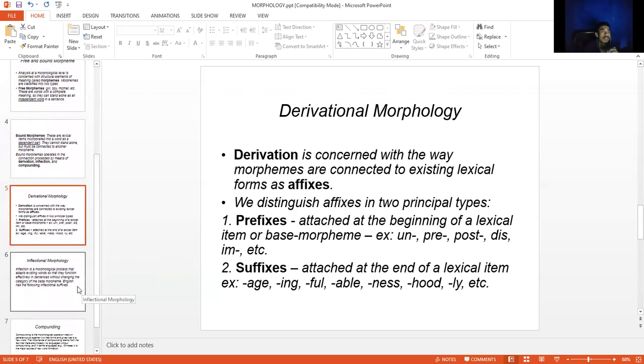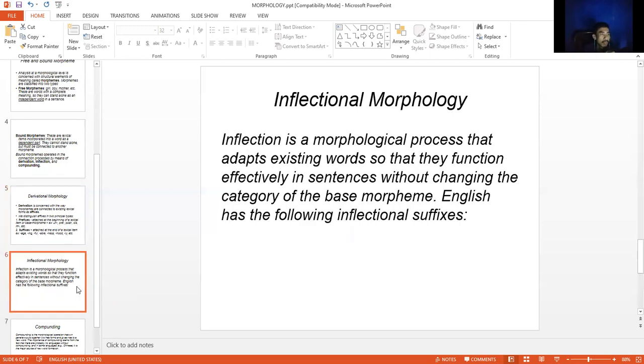And that is the derivation morphology, concerned with the way morphemes are connected to existing lexical forms as affixes kayak gitu. And number two is inflectional morphology. Inflection is a morphological process that adapts existing words so that they function effectively in the sentence without changing the category of base morpheme.